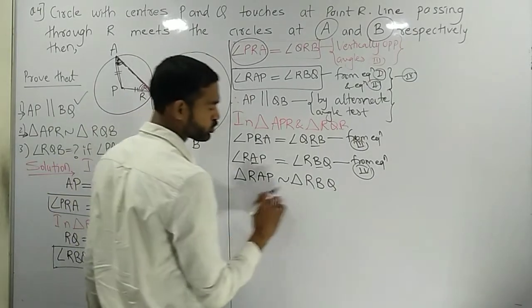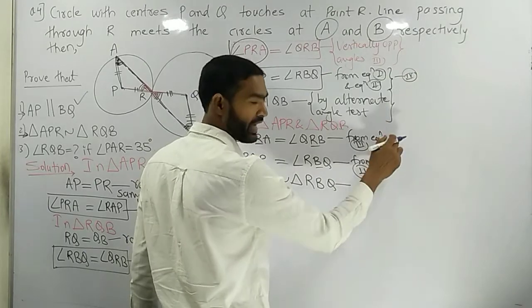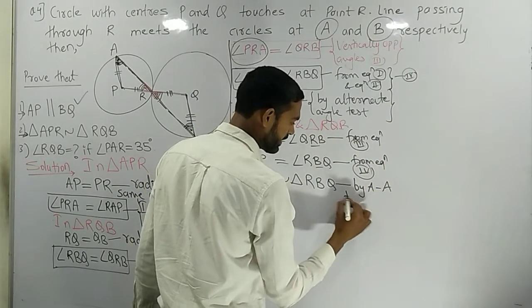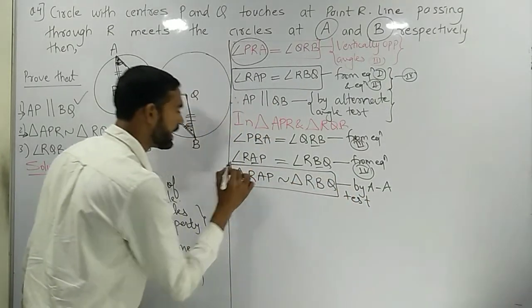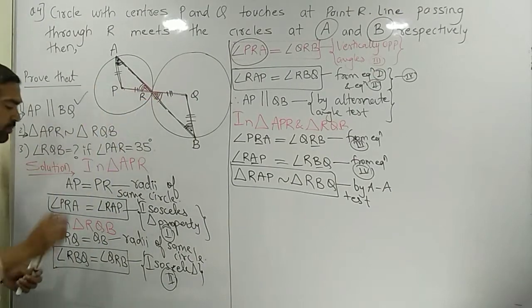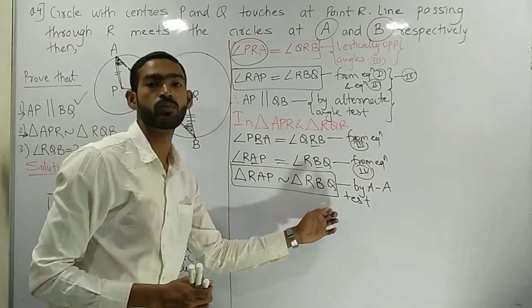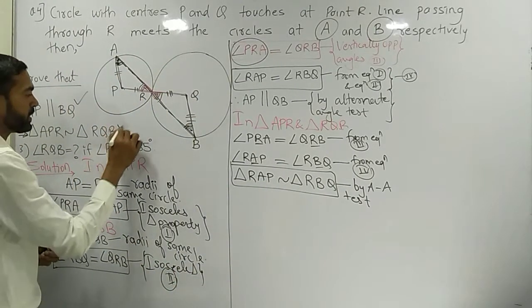Q. These two triangles are what? Similar. The reason is both the angles are equal. So by which test? By AA test. With the help of the angle test, we prove two triangles are similar. Clear all? Understood? This was the proof of the second sub question. So the second also we have completed.